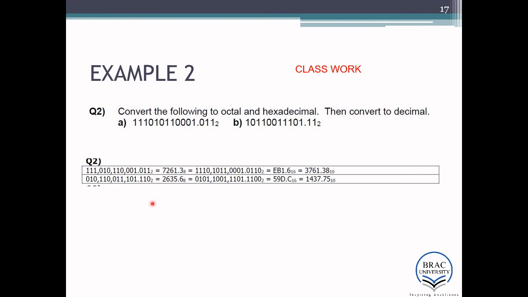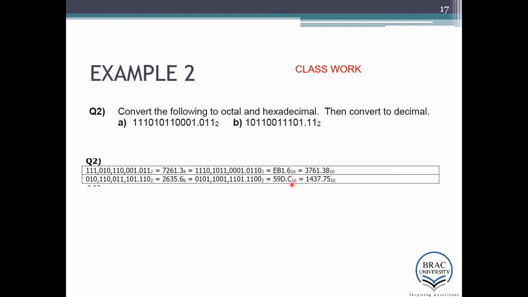The second part is the same: decimal to octal, octal to binary, binary to hexa. When converting binary to hexa, make groups of 4 bits and write the equivalent hexa. And again hexa to decimal.